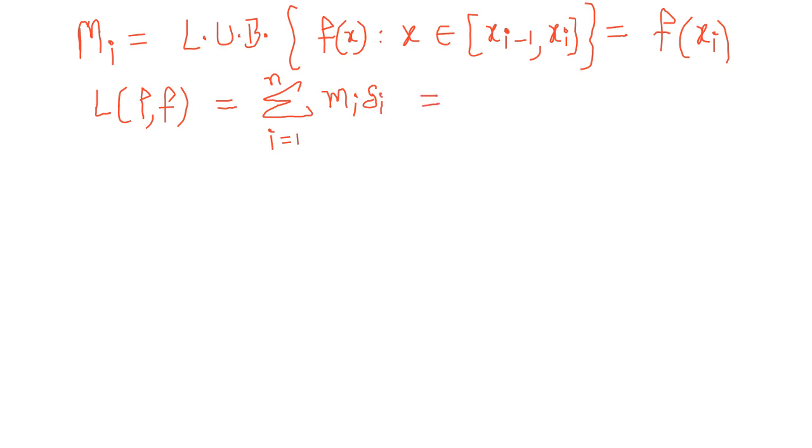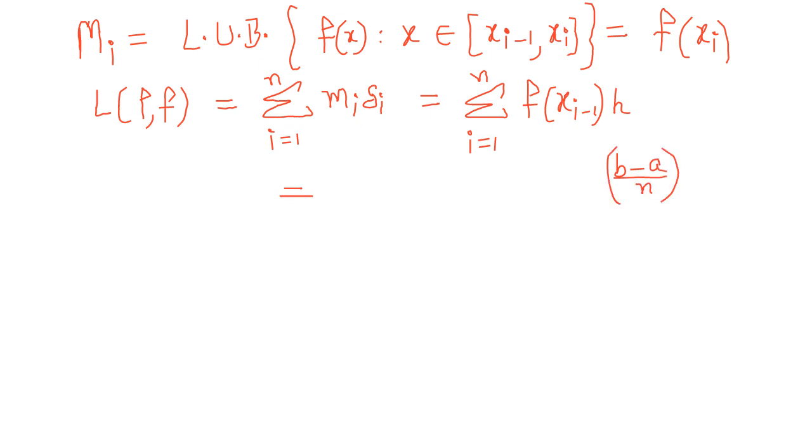Small mi is your f of x(i minus 1). What is delta i? Delta i is your h. What is h? h is your b minus a upon n, because it is the width of the subinterval.